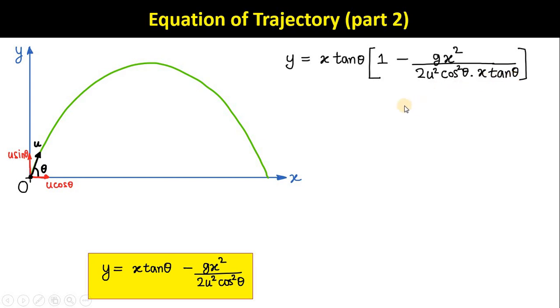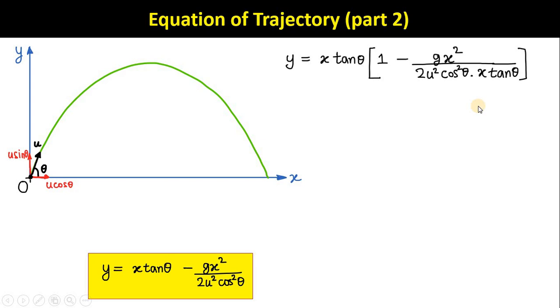Why is it so? Because taking common always means division. When we take anything common, it means we are dividing it. So when we take x tan theta common from both of them, the first term x tan theta gets divided by x tan theta, so we get 1, and the second term also gets divided by x tan theta.